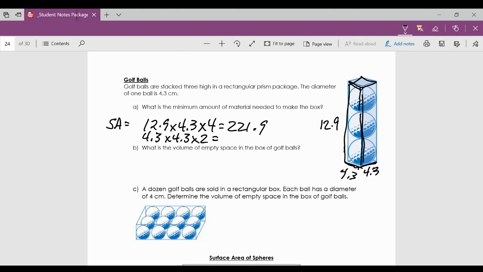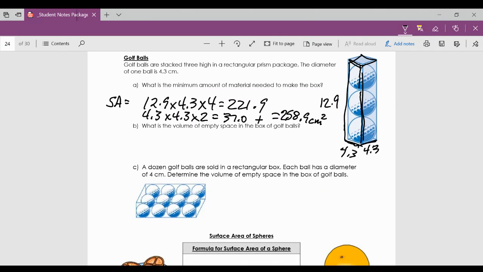And that equals 37.0. So I'm going to add those 2 together. I'll get 258.9 centimeters squared. So that's the amount of material that would need to be used to make the box for the 3 golf balls.